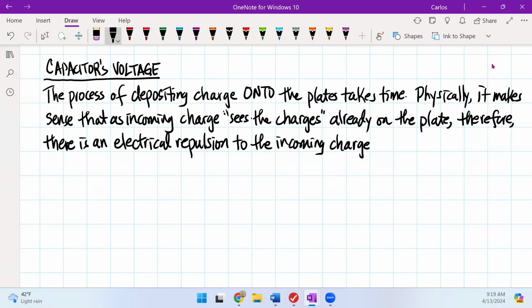In other words, if I have a plate and then I have my wire here, there is charge already built up on the plate. So if I have charges that are coming in, these charges on the plate are applying some electrical repulsive force.